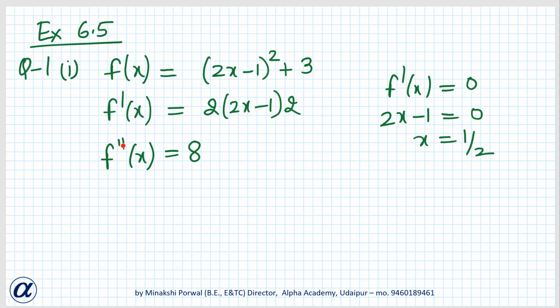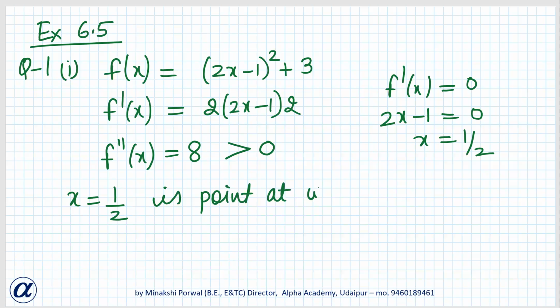Whatever the value of x, f''(x) is positive. f''(x) is greater than 0, that means x equals 1 by 2 is a point at which minima occurs. And we have to find the maximum and minimum value also.